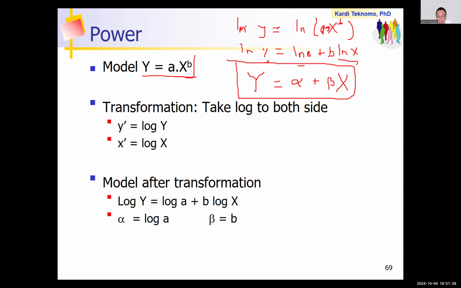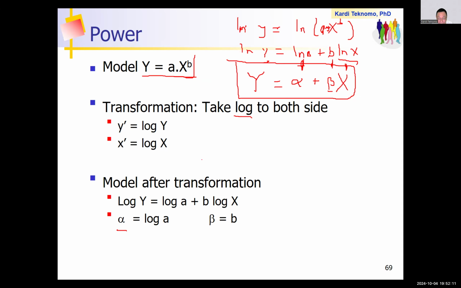By taking the logarithm on both sides, I can get a linear model where alpha equals ln a, and beta equals b. And be careful, x now becomes capital X, which is ln x, and ln y becomes capital Y here.